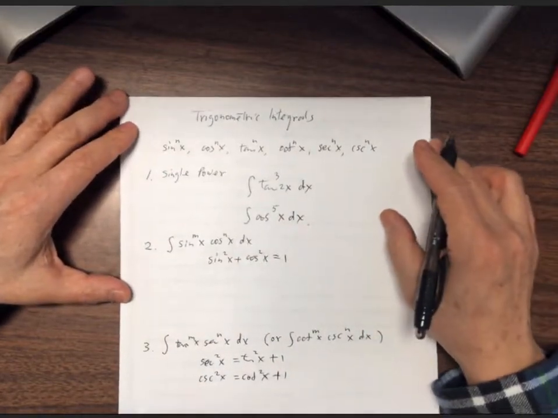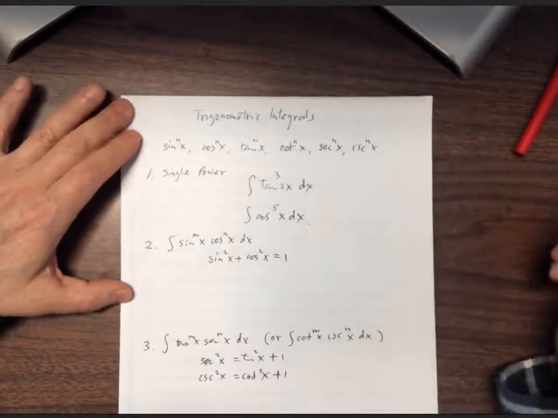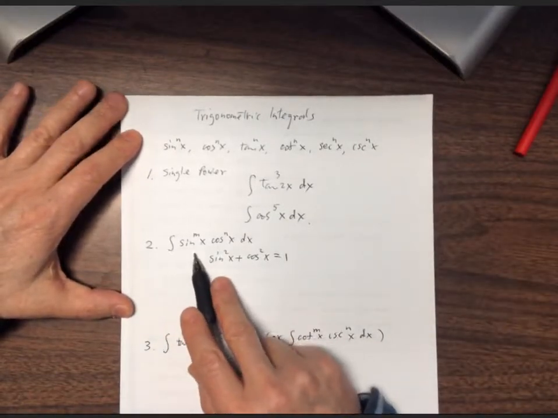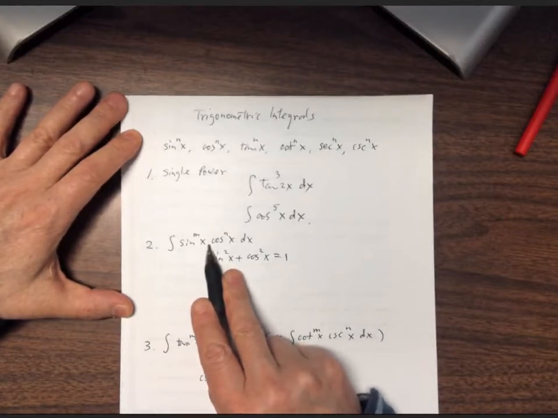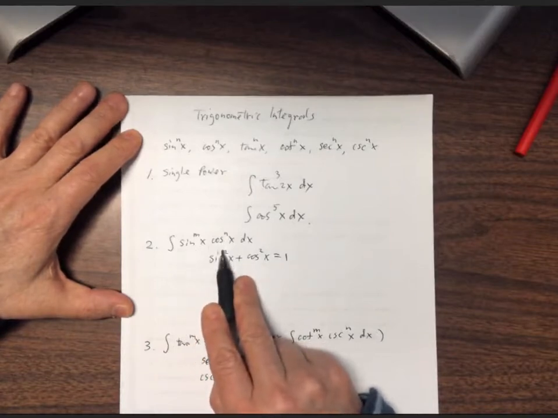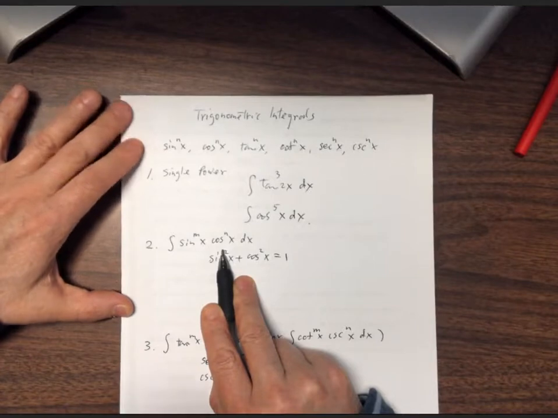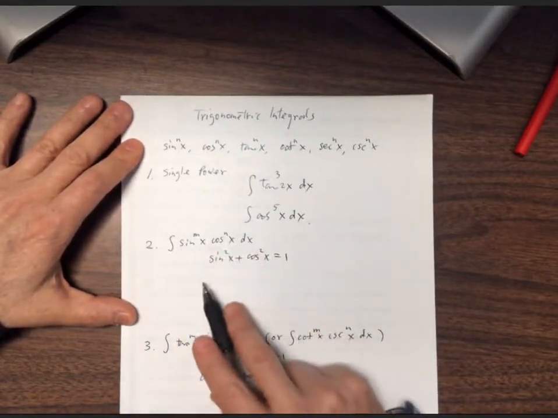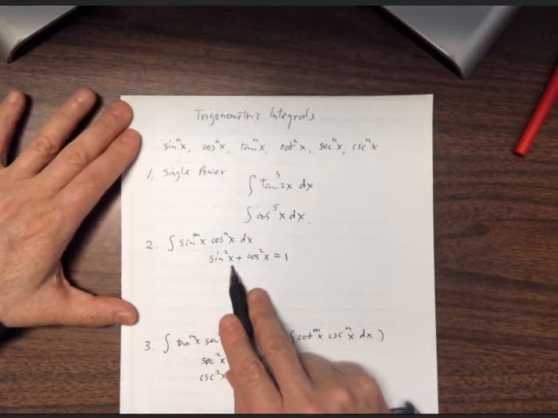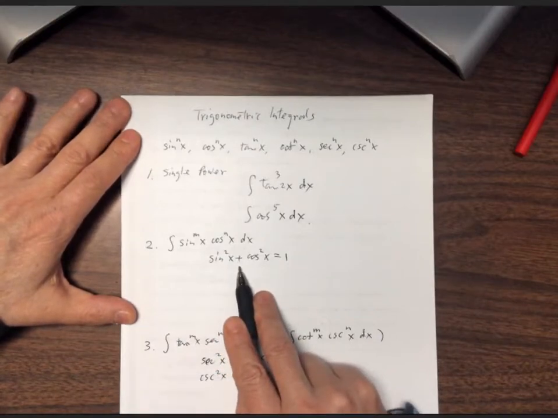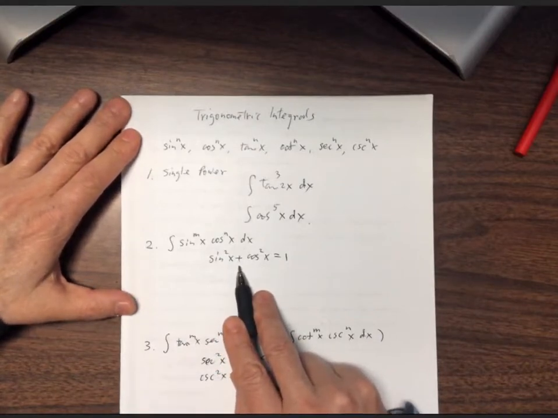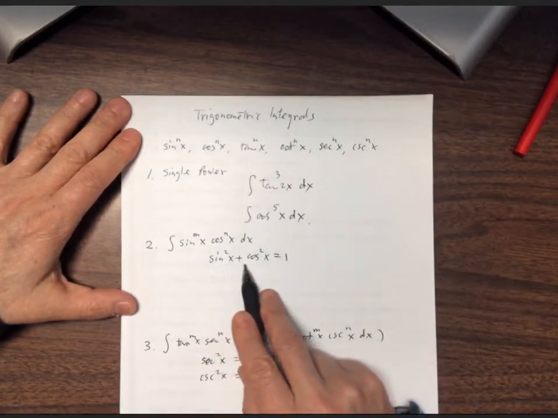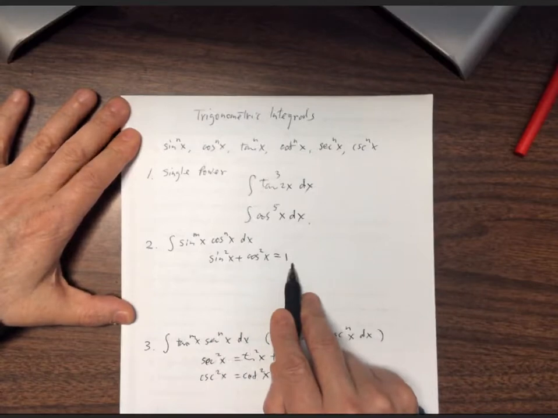Now, the second group of integrals we discuss are integrals involving powers of sine times power of cosine. For those integrals, we always need this trig identity for different reasons: sine squared plus cosine squared equals 1.